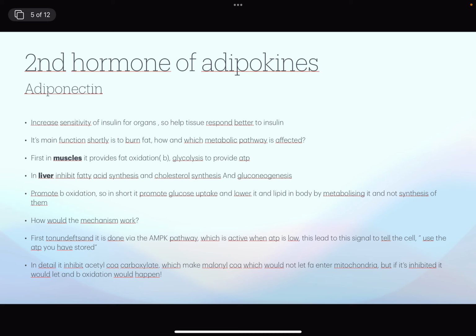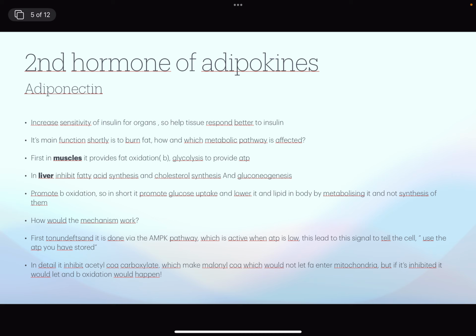So we would see lower glucose production and inhibition of fatty acid synthesis and cholesterol synthesis. It will also promote glucose uptake and lower glucose by using glycolysis and inhibiting gluconeogenesis, because we know that gluconeogenesis produces glucose.